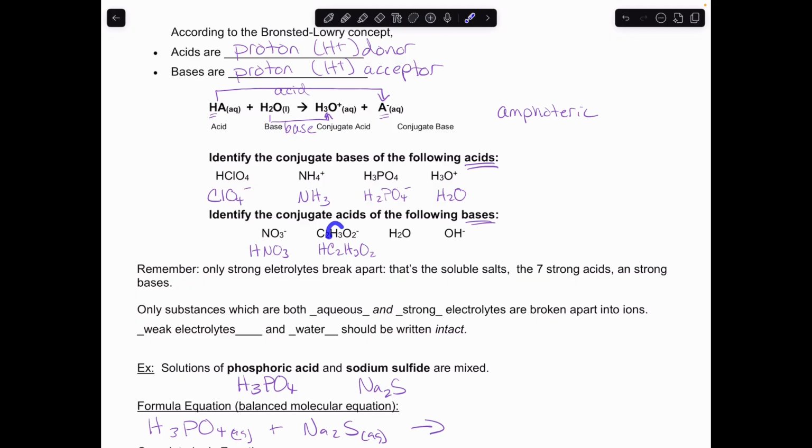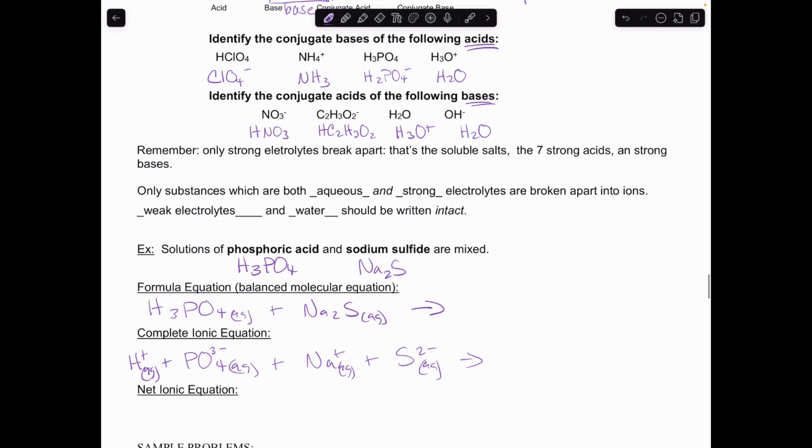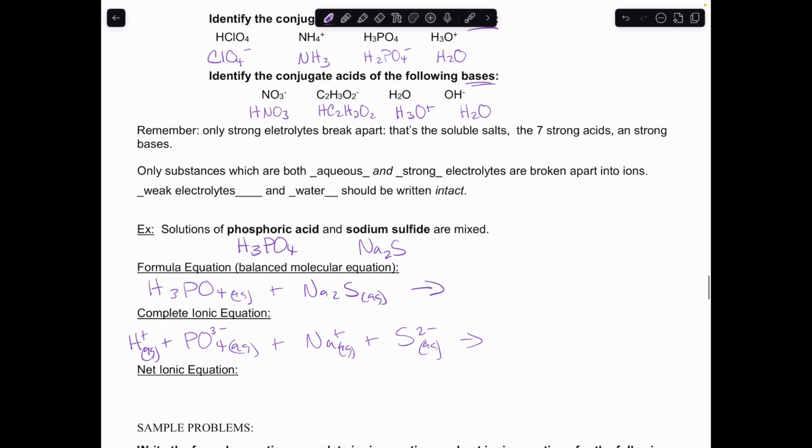If I bury it in the middle, it doesn't look like it may dissociate from the molecule, and that's the definition of an acid. It's a proton donor. So if it's something that gives up its proton, it's helpful if that proton is written in the front. All right, so that's one skill we want to practice.